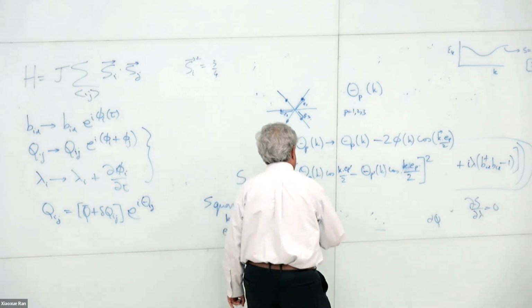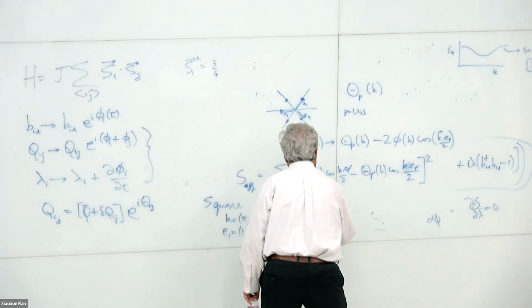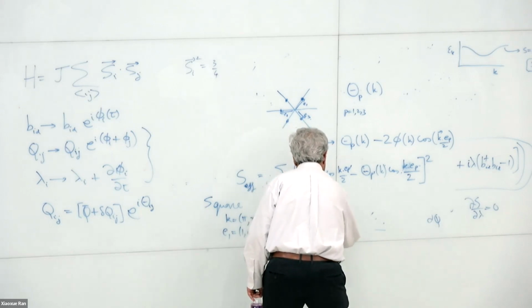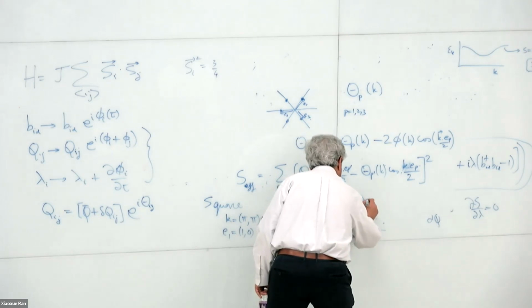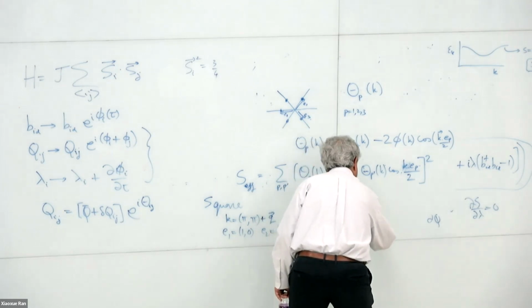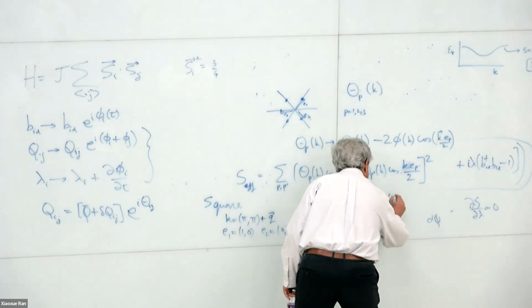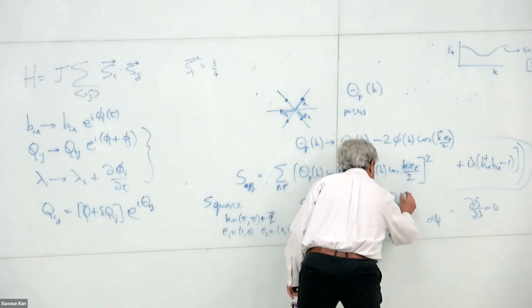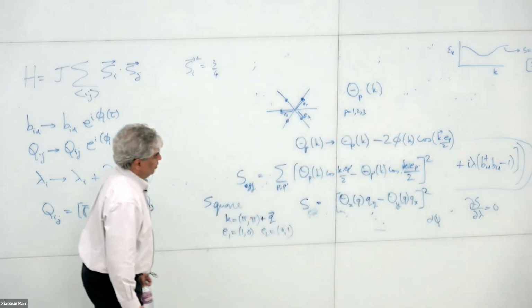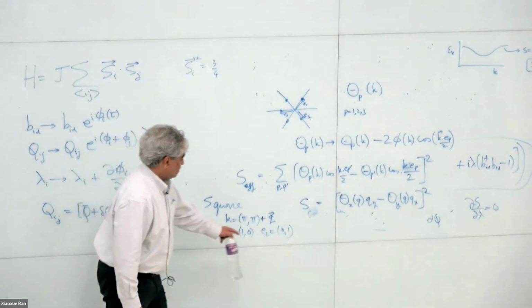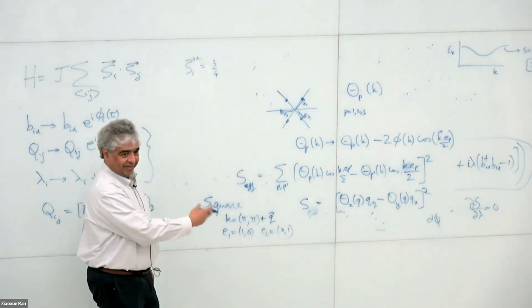So you will find that the effective action S is equal to (theta_x of q times q_y minus theta_y of q times q_x) squared. So when q_x equals q_y equals 0, it just vanishes.